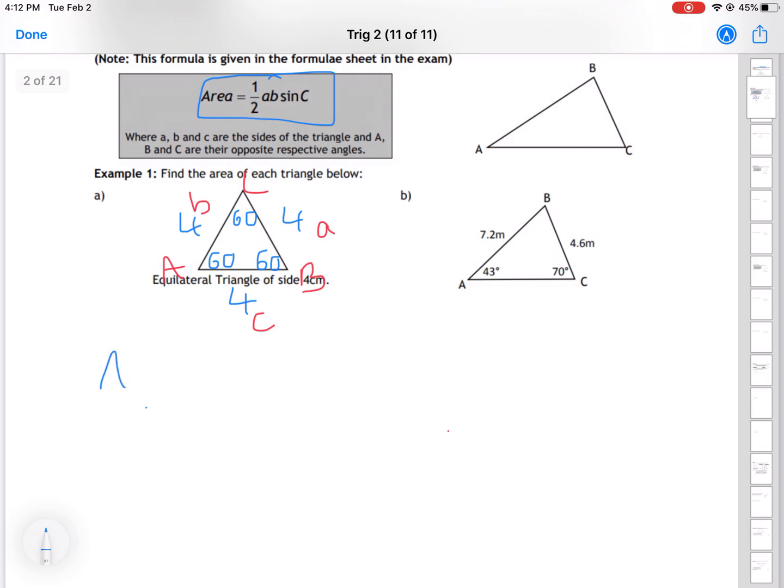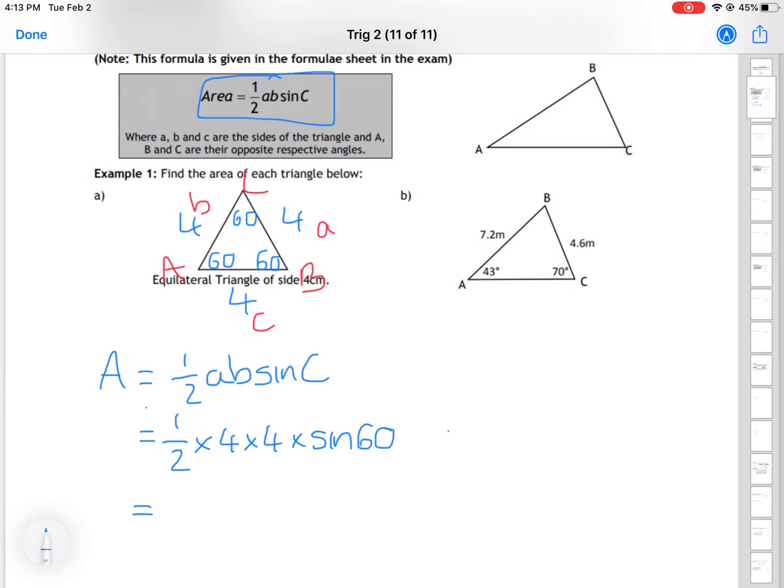Now, the formula then, we're looking for the area of the triangle, a half a b sine C. And with this formula, it is a case of plug in the numbers. Once you have labelled the triangle, if you have labelled it correctly, it should be a simple process. So we've got a half times, well, where's a? 4. Times b, which is 4, times sine of C, so the angle C, which is 60.